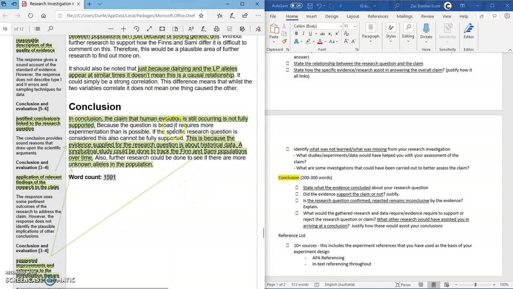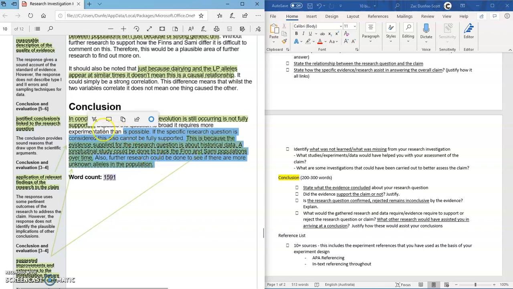If the specific research question is considered, this also cannot be fully supported. This is because the evidence applied for the research question is about historical data. Further research could be done.